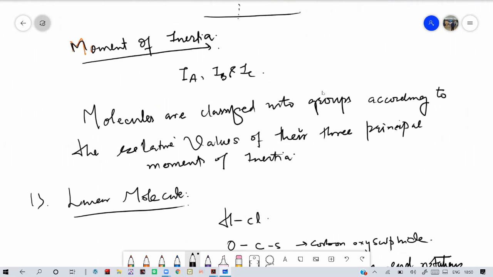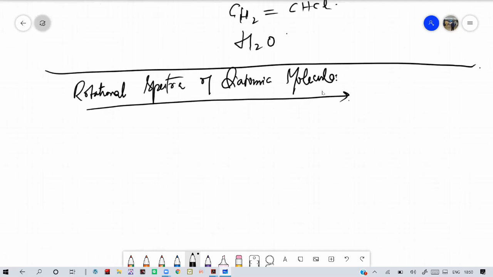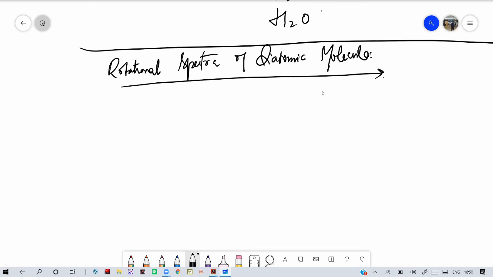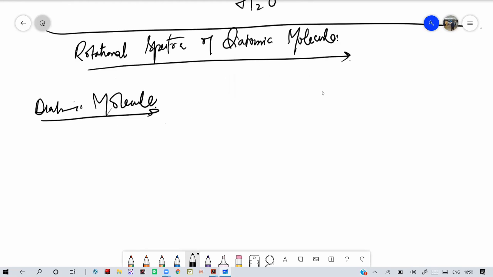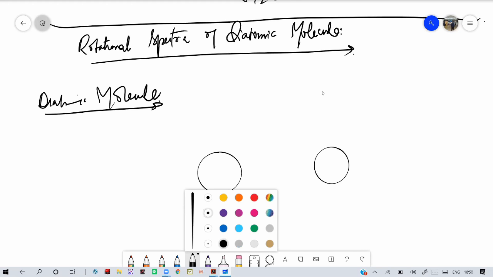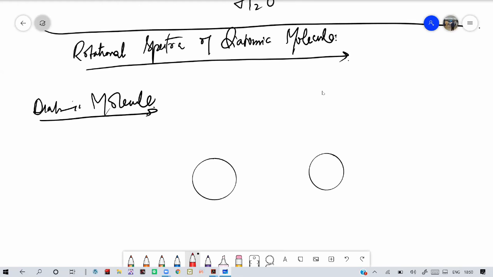This one I will draw again. Diatomic molecule. Let us suppose that we have M1, M2, and there is an internuclear axis.